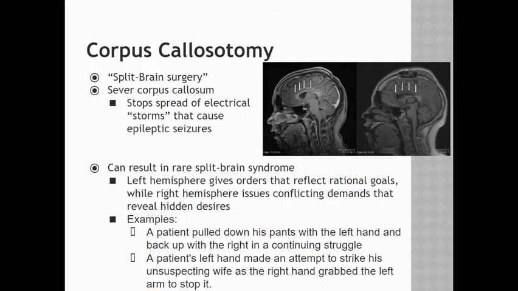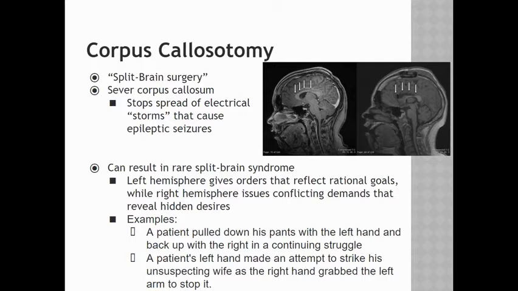What they've seen is that this sort of split brain surgery can result in something called split brain syndrome. The left hemisphere gives orders that reflect rational goals, while the right hemisphere issues conflicting demands that reveal hidden desires. A couple of examples that have been documented. A patient pulled down his pants with his left hand and back up with the right in a continuing struggle.